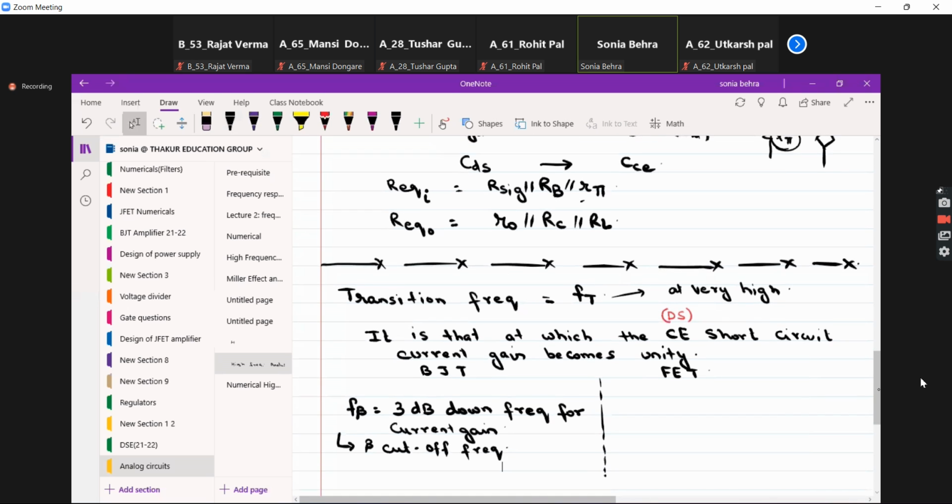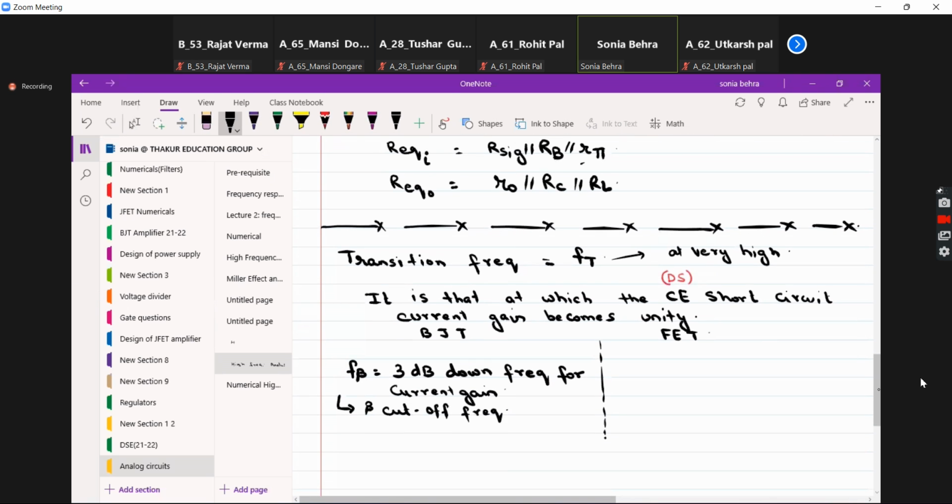Okay, so for BJT, your beta cutoff frequency is given as, first you have to find out F beta, so it is given as 1 by 2 pi R pi into bracket C pi plus C mu. Now what is C pi? C pi is nothing but CBE, I am writing over here.